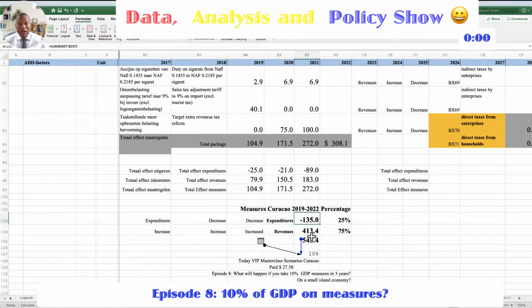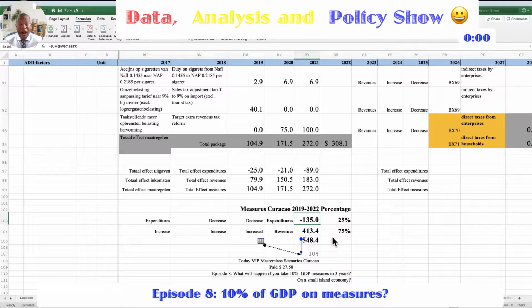So just type below and let me know: if you are investing in a company and they have a huge deficit and they have to cut 548 million and they cut only on the expenditures, do you think that's good?